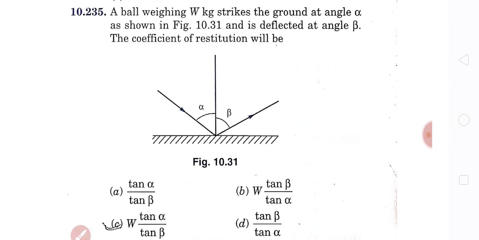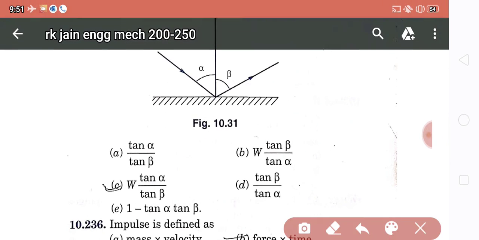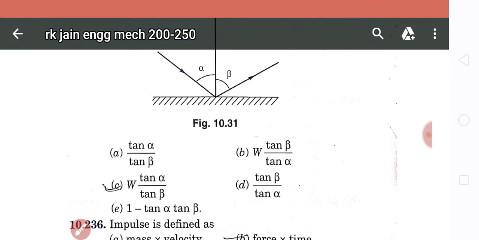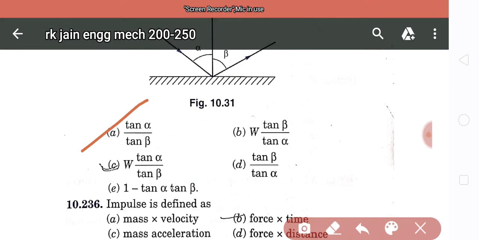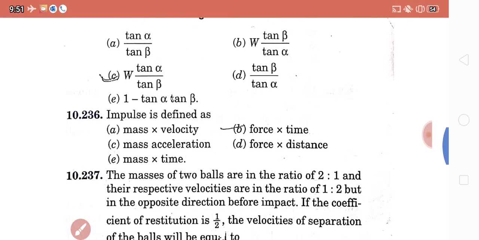The coefficient of restitution will be tan alpha by tan beta. In R.K. Jain, the answer is given as C, but we know that the coefficient of restitution is unitless and here W is multiplied, which is not possible. Answer will be A, tan alpha by tan beta.